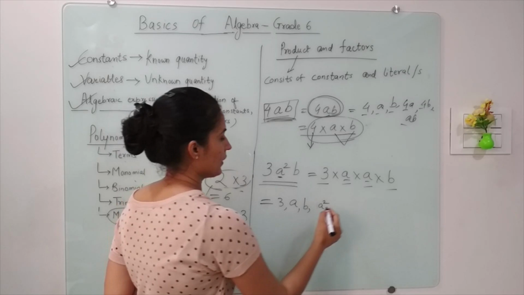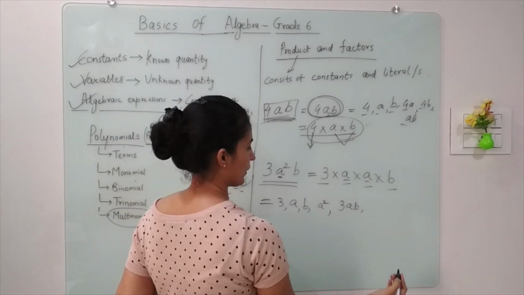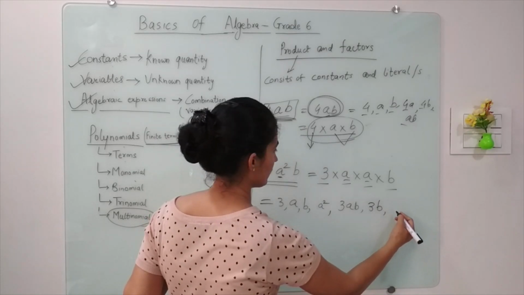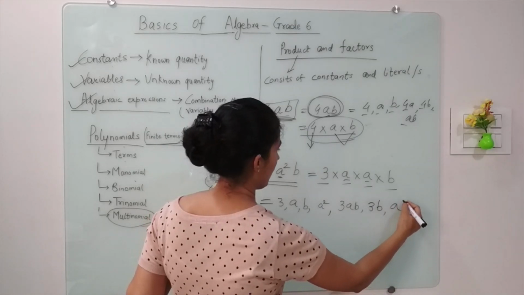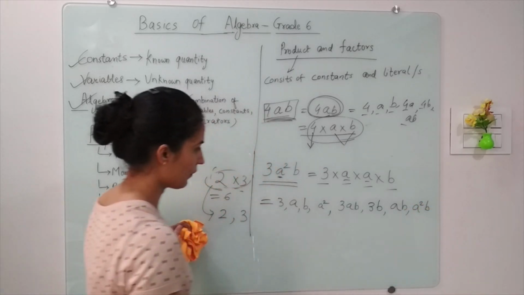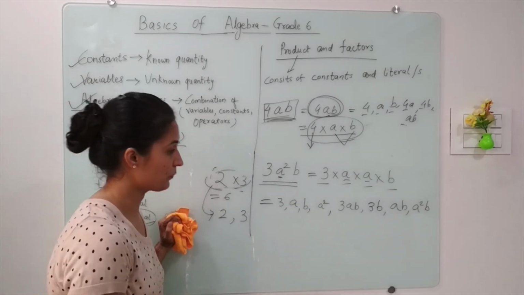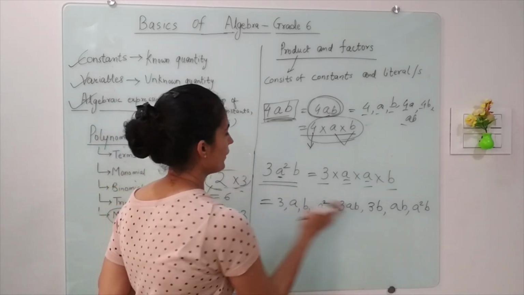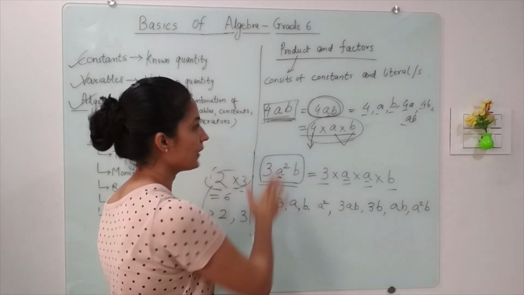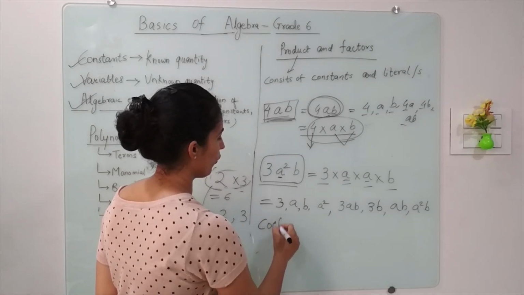Then 3a, 3ab, 3b, then ab, then a square b. Have I missed anything? You can just see if I have missed anything and add more. So these are all the factors of this complete term. Now by taking these two examples only, we will try to understand what a coefficient is.